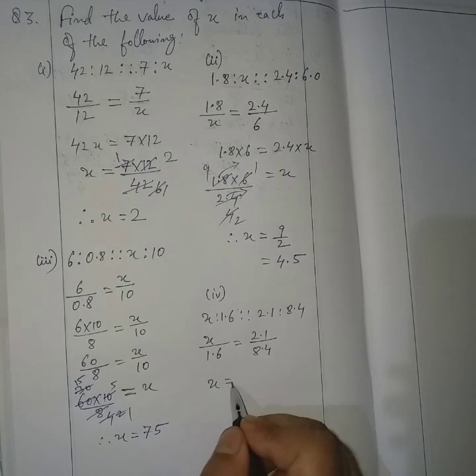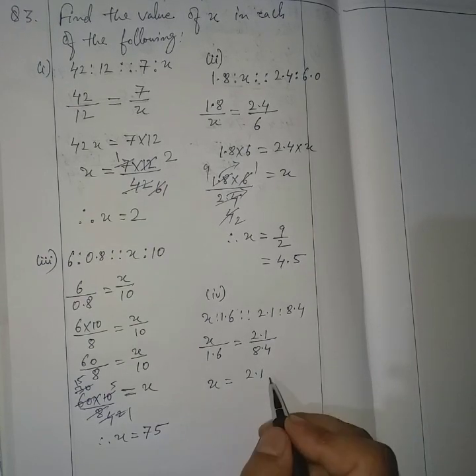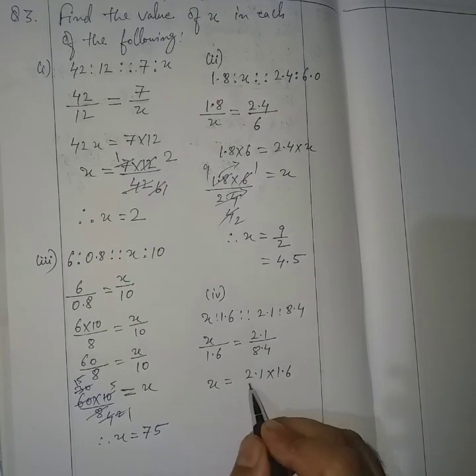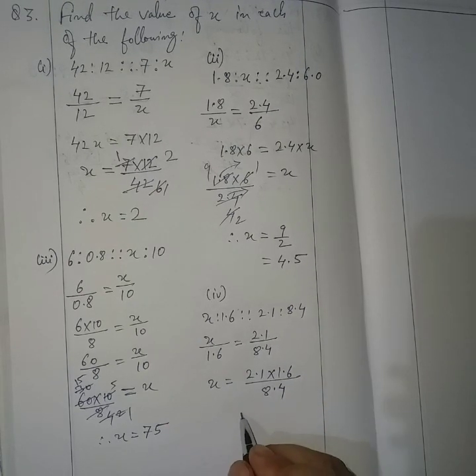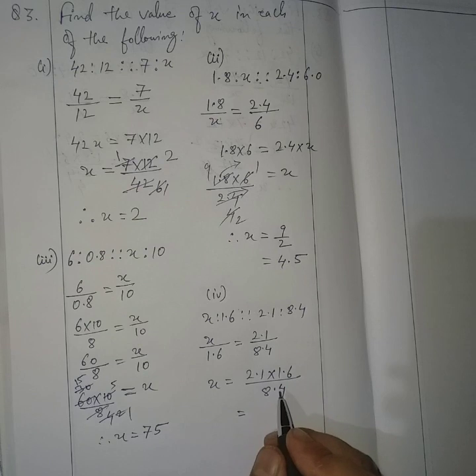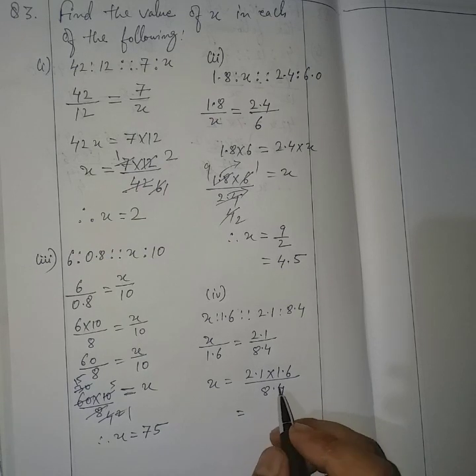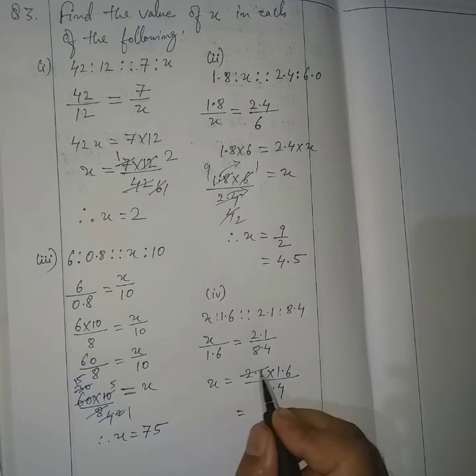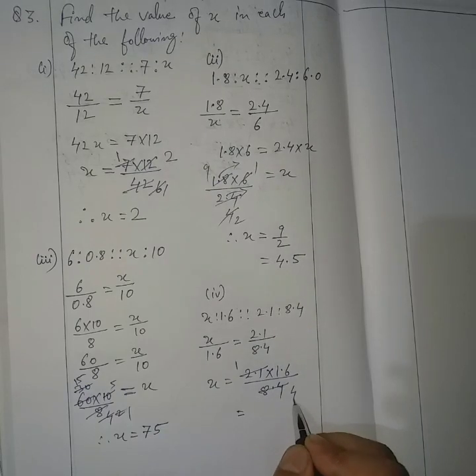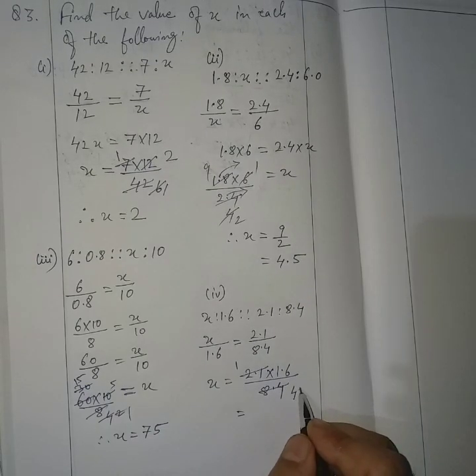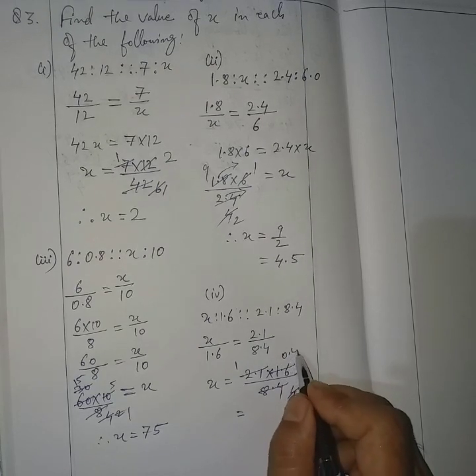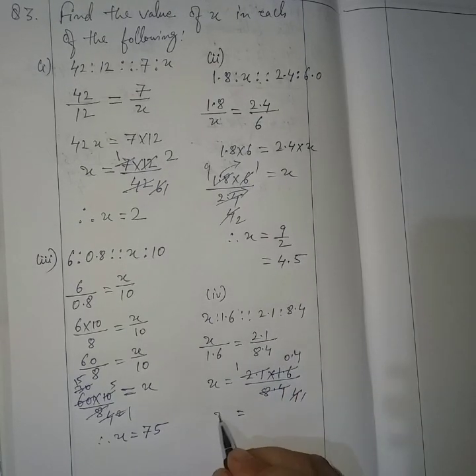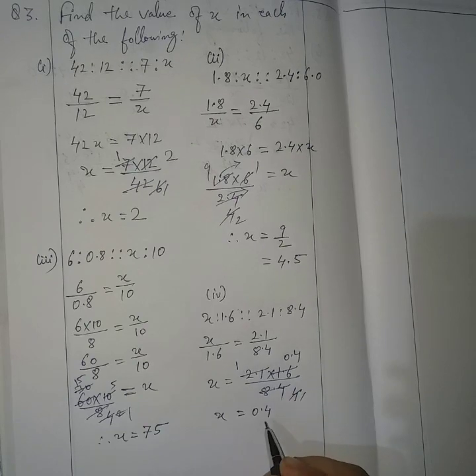So x will stay here, 2.1 goes this side, into 1.6, divided by 8.4. Now here the calculation part is there, so we can calculate it: 21 1 times, 4 ones are 4, and then 4 fours are 16. Okay, so x is equal to 0.4.